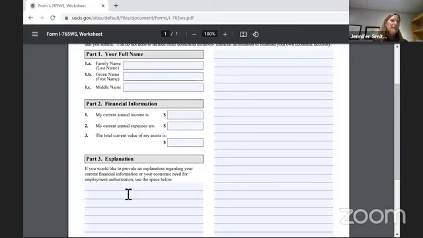So, explica que quiere trabajar para ahorrar dinero para su futuro, para su familia, para su educación. No necesita mucho. Es una explicación corta aquí.